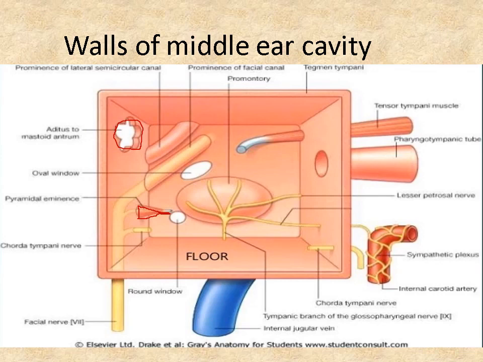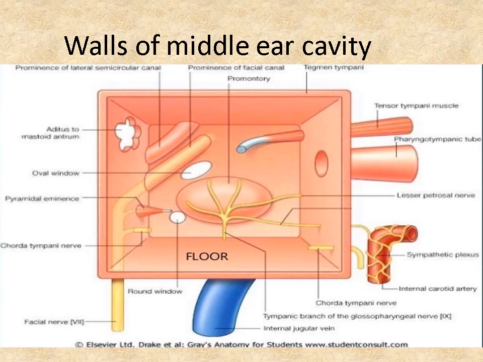The third feature is the vertical part of the facial nerve in its bony canal. So these are the 3 features of the posterior wall: aditus ad antrum, the pyramid for the stapedius muscle, and the vertical part of the facial nerve in its bony canal.